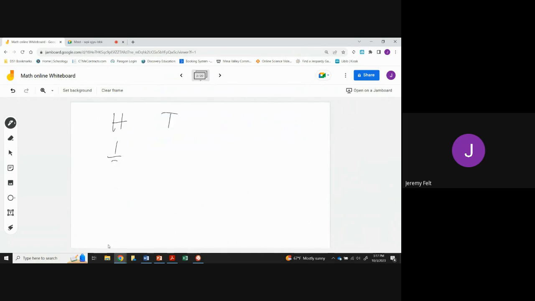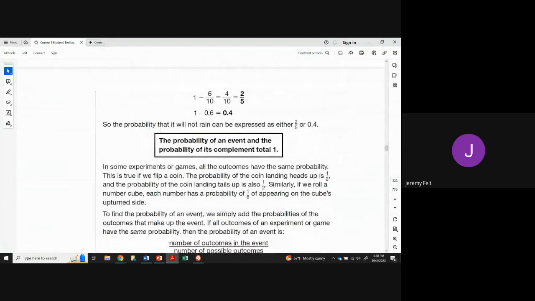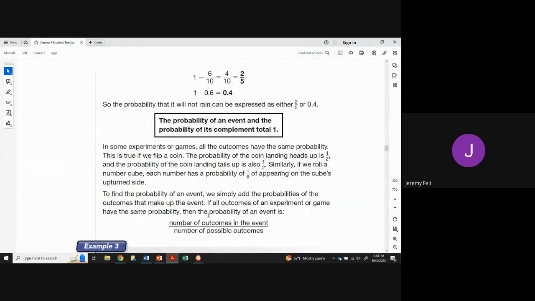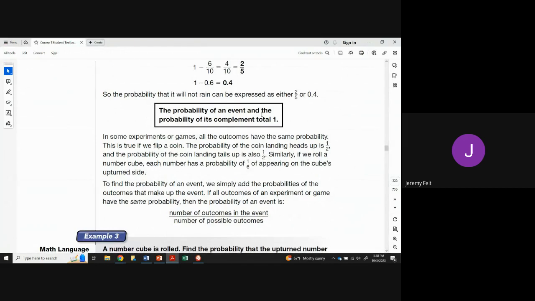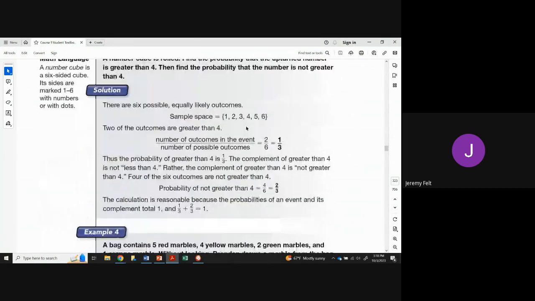We have a 1 in 2 chance of getting heads, or a 1 in 2 chance of the complement, not getting heads, which is tails. 1/2 plus 1/2 equals 1, because it's got to land on heads or tails. So the probability of an event and its complement always add up to 1.